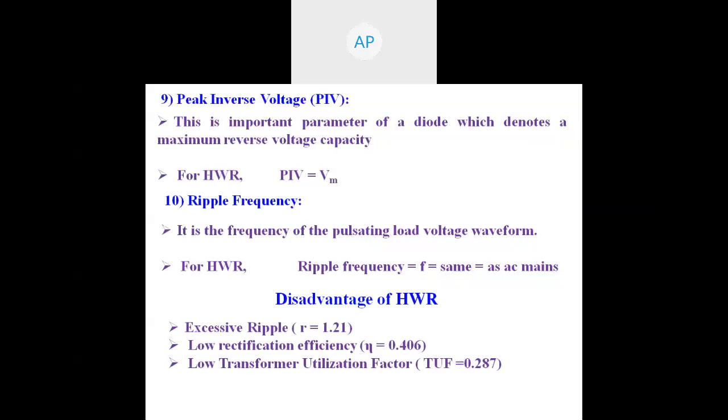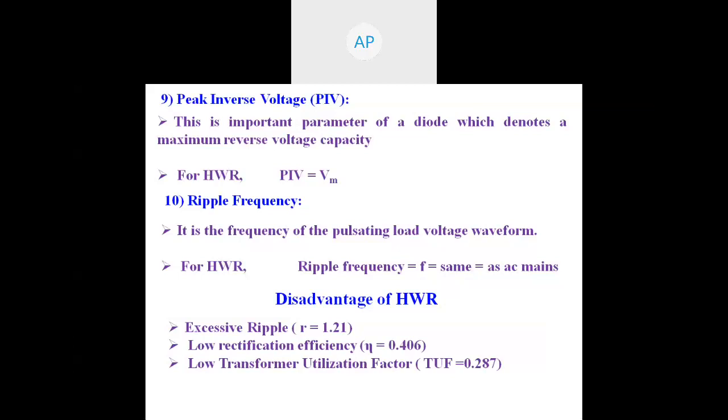Also, for the half-wave rectifier, the transformer secondary voltage is available for an entire cycle, from 0 to pi and pi to 2 pi. But the diode conducts only during the positive half cycle, since it is forward biased then. So current flows through the load during the positive half cycle.